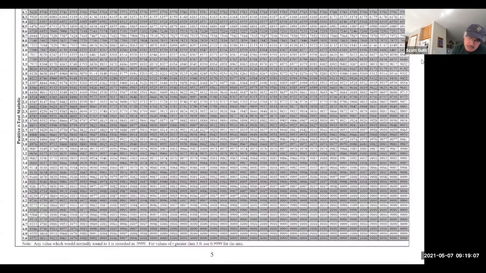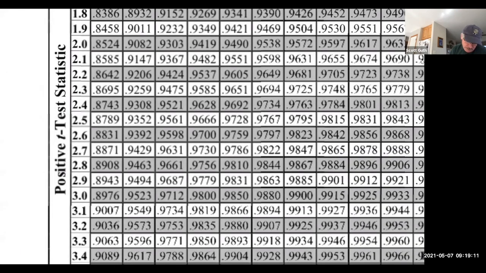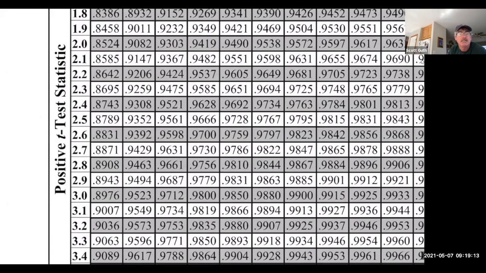Does that sound right to you guys? And we have 1,000 degrees of freedom. So what I'm going to do is find 2.7 on this. First of all, notice these are rounded to the nearest 10th here.